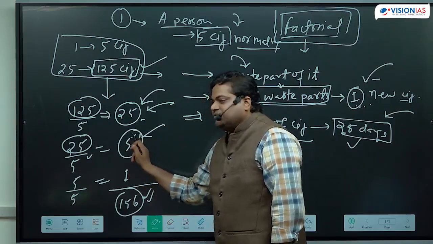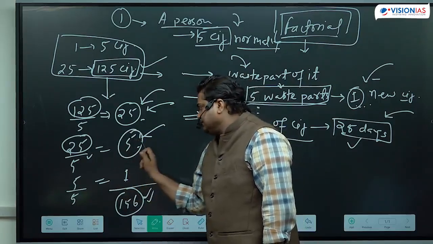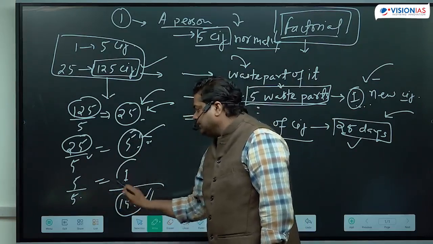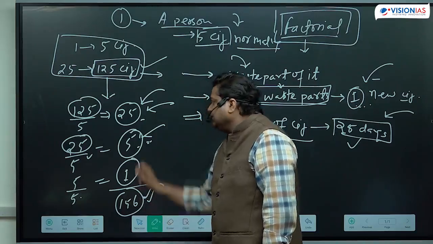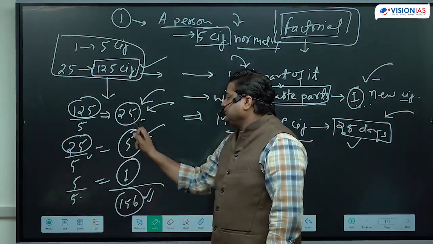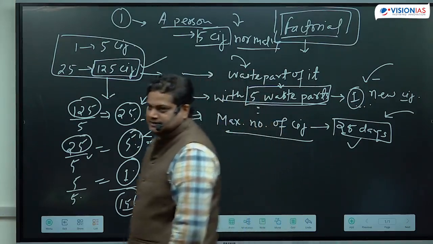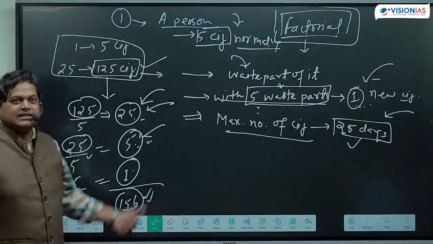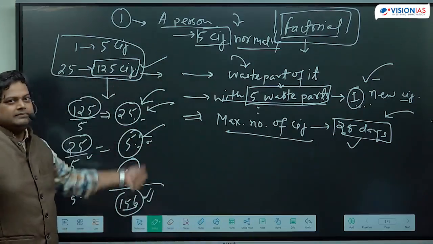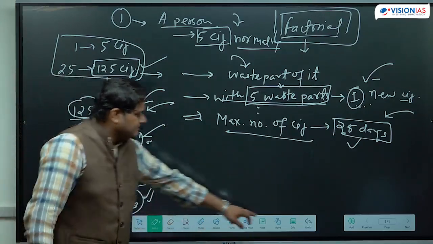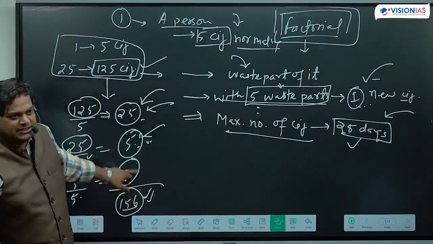Again with the help of these 5 cigarettes, some waste part will be there. 5 से again 1 new cigarette. So total we can have 125 plus 25 plus 5 plus 1, 156. 156 इस तरीके से will get answer. ठीक है, because of this condition. ठीक है, ऐसी machine होती है कोई?